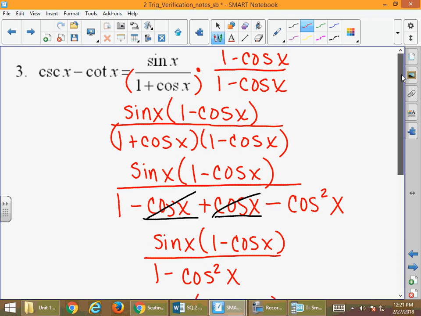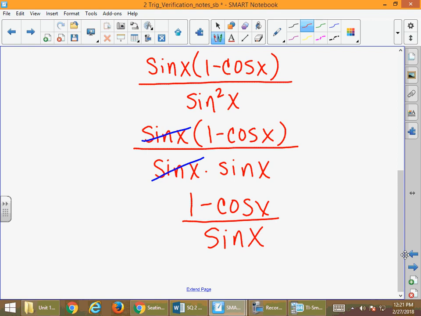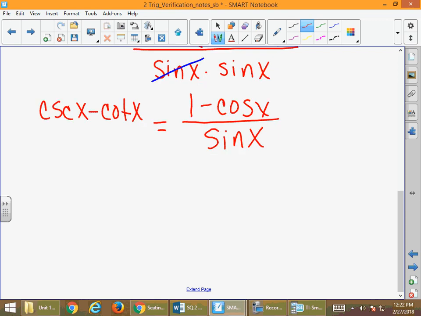If I pull that back up here, we're trying to turn this into cosecant of x minus cotangent of x. So we're not quite there yet. We've made good progress. But what can happen here to finish, because we're still working on the right side, is we can split this up.